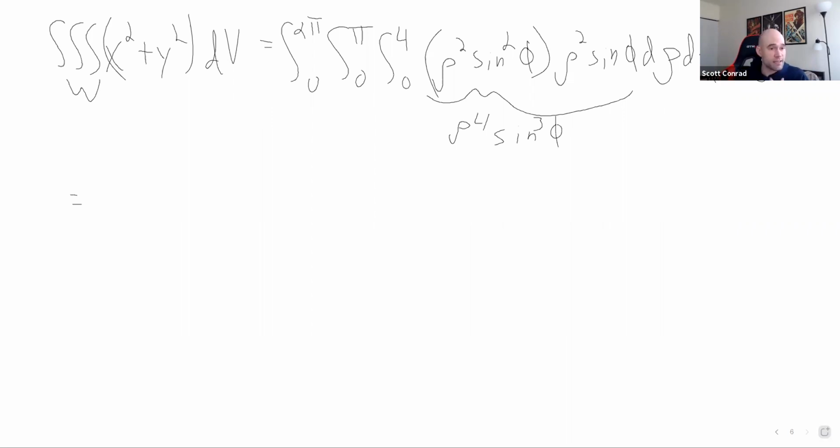So sine cubed phi is a constant. Rho to the 4 becomes rho to the 5 over 5. And then evaluating at 4, we get 2048. So 4 to the power 5 is 2048.